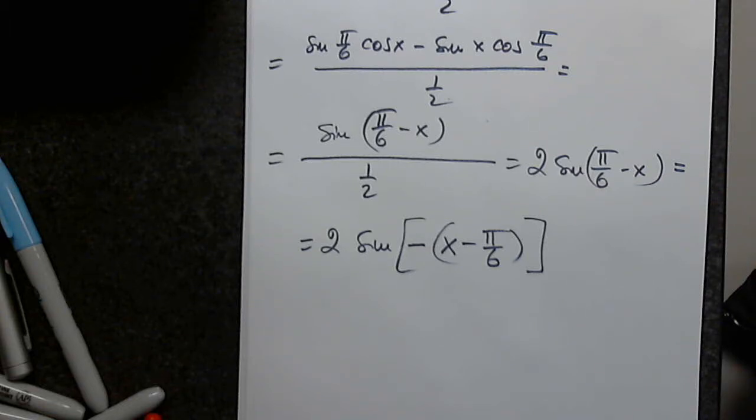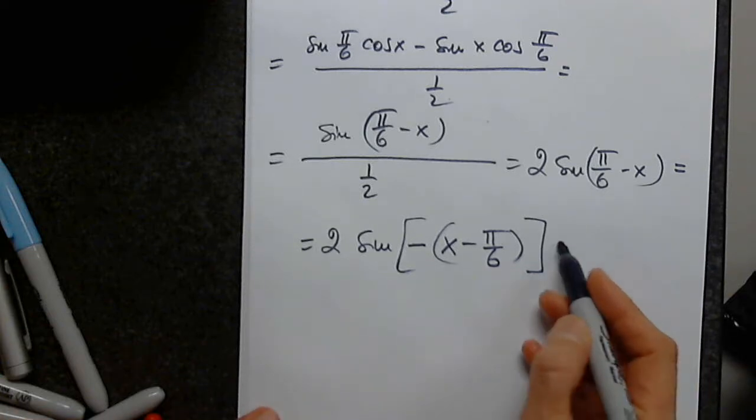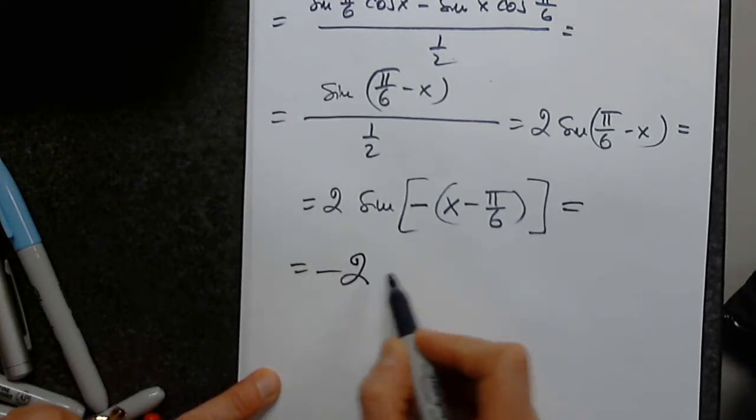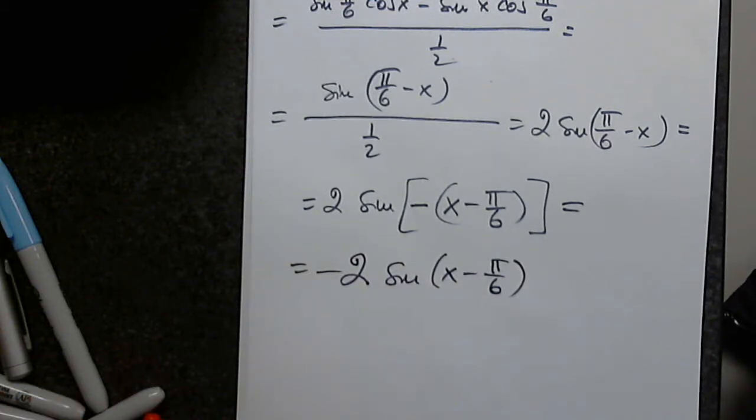So is sine odd or even? There are only two even trig functions. It's an odd function. So then 2 sine negative alpha will equal 2 sine x minus pi over 6. And now we show that they are the same.